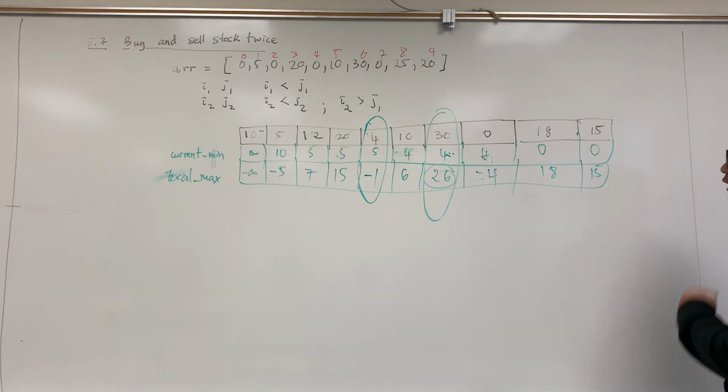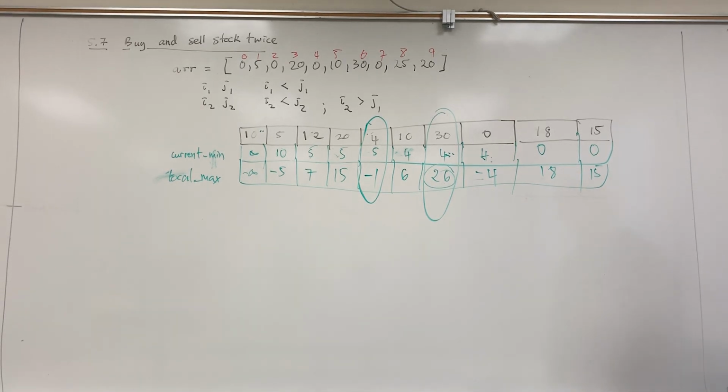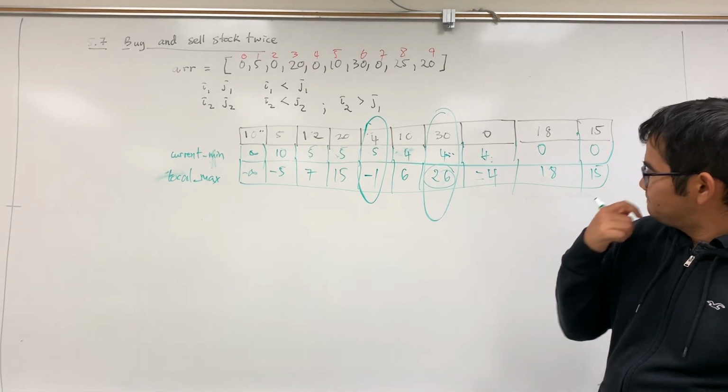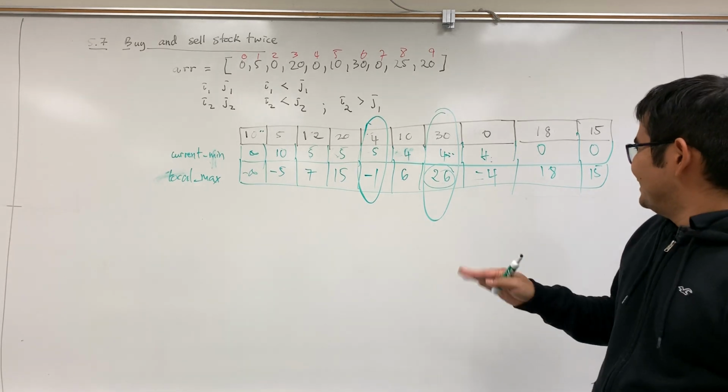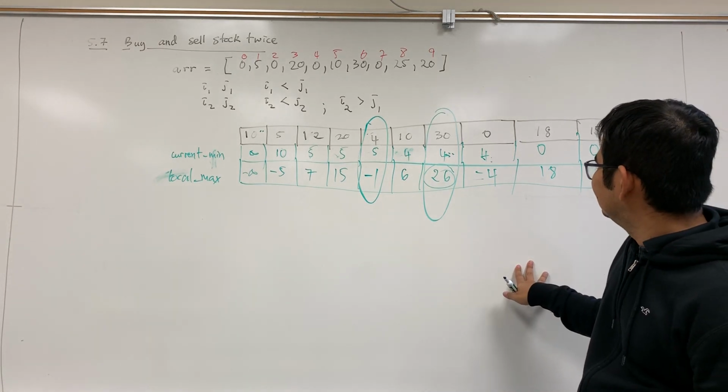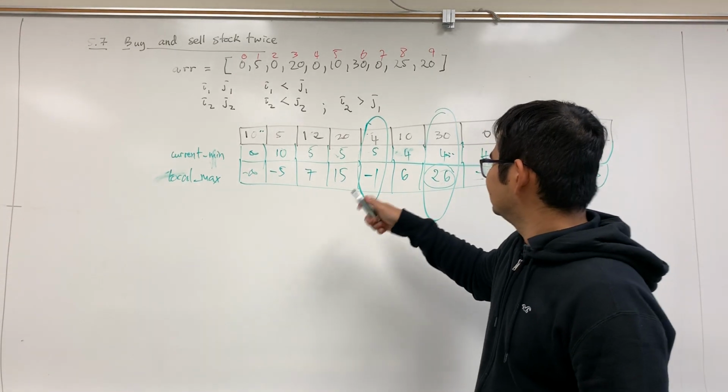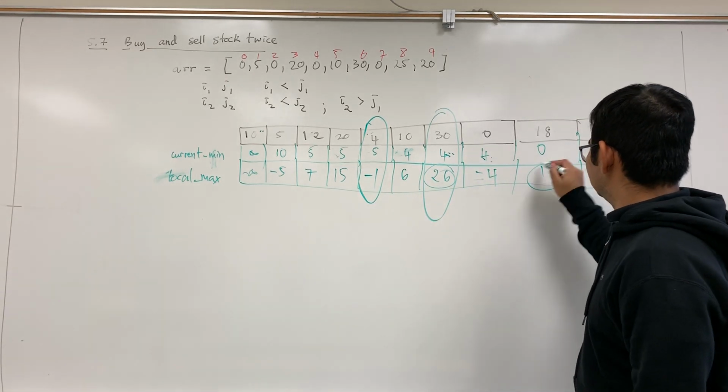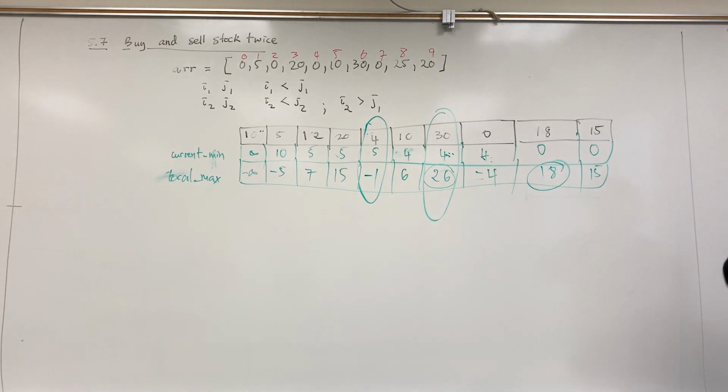We create an algorithm that generates these two tables, and then according to my observations, we look at the local max. So right here we see 2, 18 and 26.